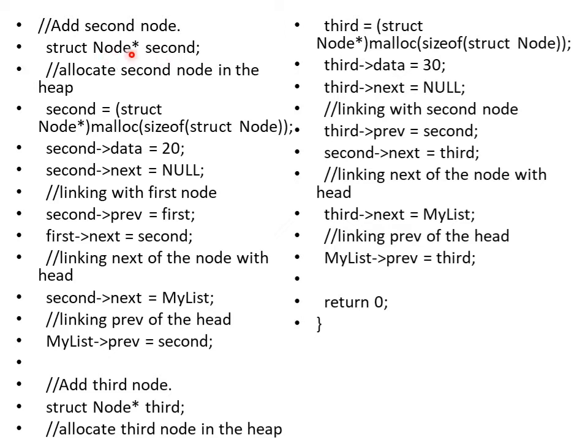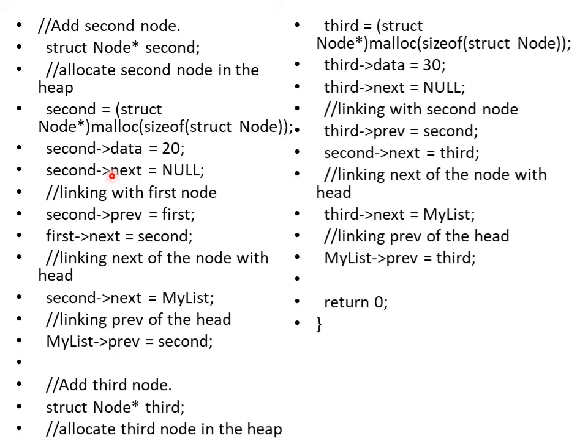I am declaring struct node second. Then allocate the second node in the heap, that is, once again I should allocate memory. Second equals struct node malloc size of struct node. Second of data equals 20, that is I am assigning the value 20 to the second node.